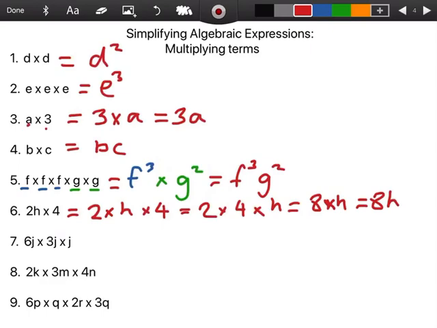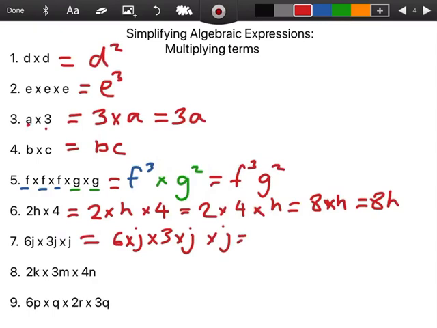We could do similar with the next one. So 6j times 3j times j. So the only letter involved there is j. I'm going to write it out in longer form. 6 times j times 3 times j times j.